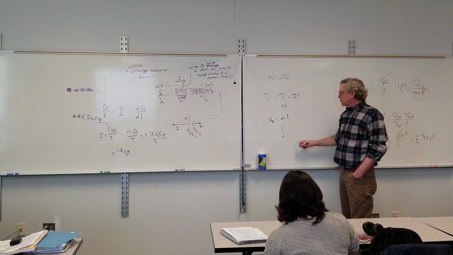And so charge carrier density would be the number of charge carriers per volume. And so N would be the charge carrier density times volume.